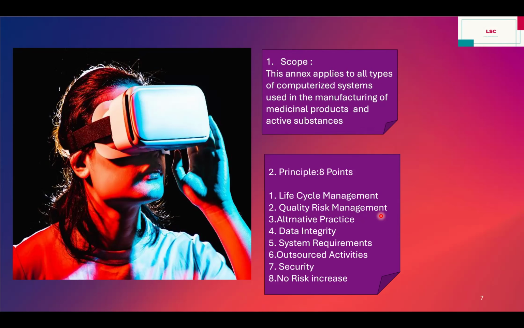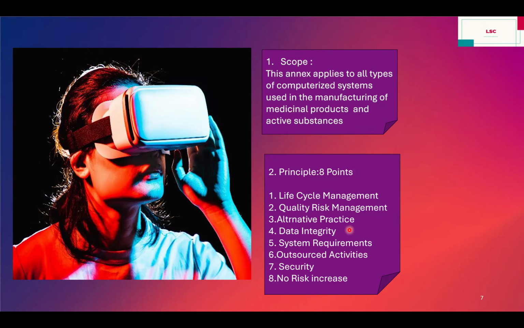Then the third one is alternative practice. What is the alternative practice? This is a new word. The guideline says that a practice which constitutes an alternative to the activities required in this document may be used.